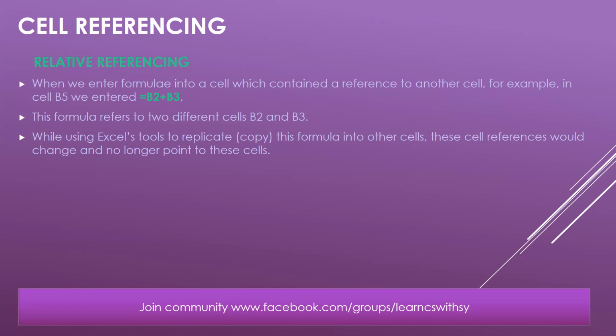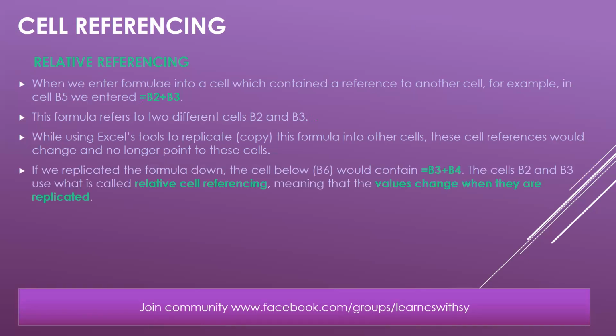Yes, definitely it should change, because assume that you are working on a mark sheet. If you have copied the formula down to the new cell, it should now pinpoint to the new student's details. It should not be referring to the first student's numbers. So similarly, the cell references should change.